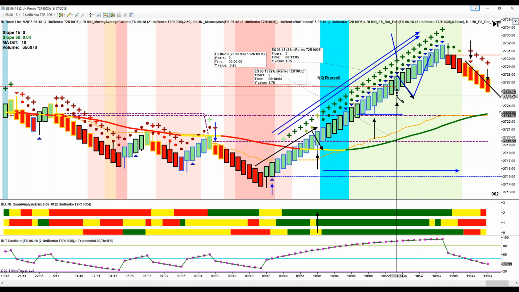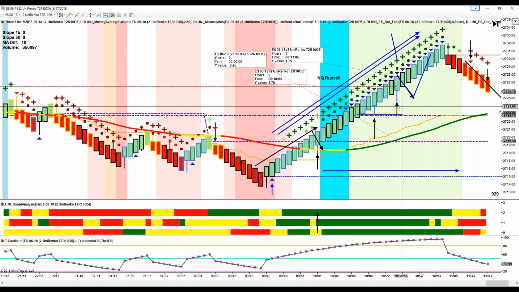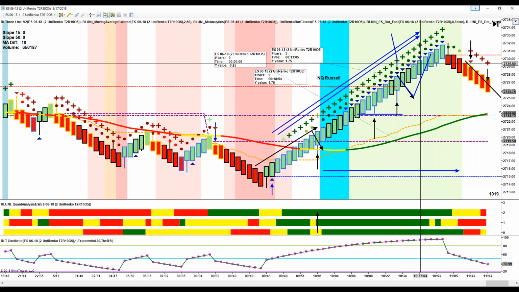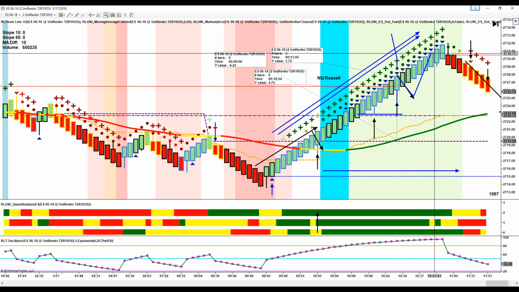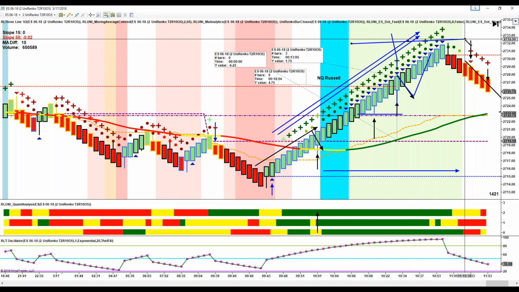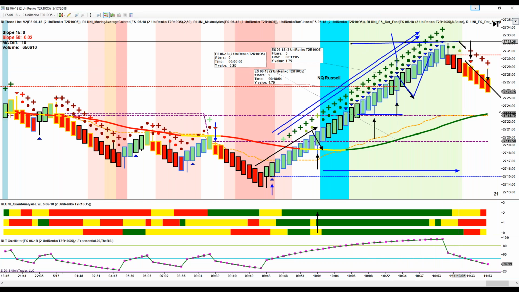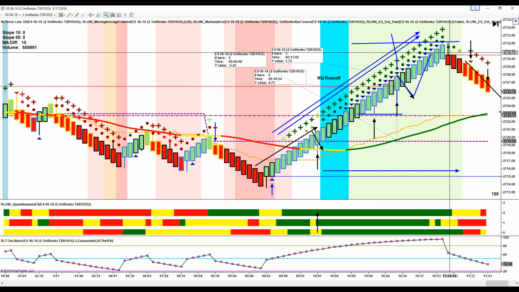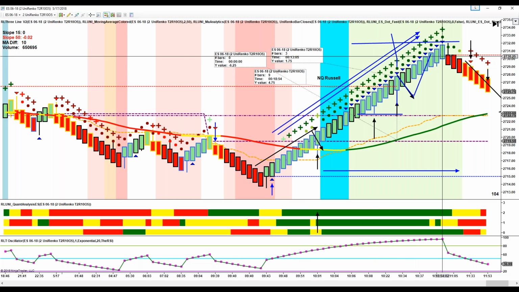But when you enter on a bear failure here with these dual dots, you've got yourself a real strong entry.